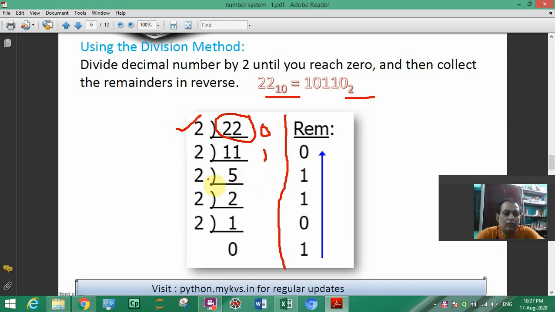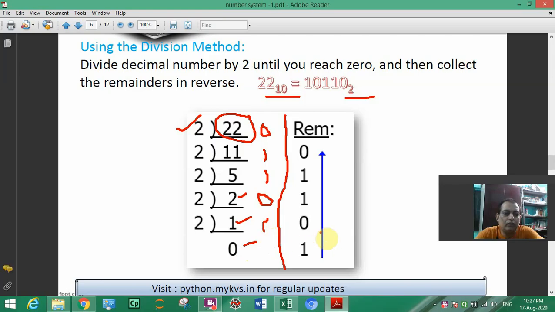Again, 5 will be divided by 2. 2 twos are 4 and it leaves remainder 1. Again, 2 divided by 2, quotient 1, it leaves remainder 0. Again, 1 divided by 2, it will go 0 times and it will leave remainder 1.